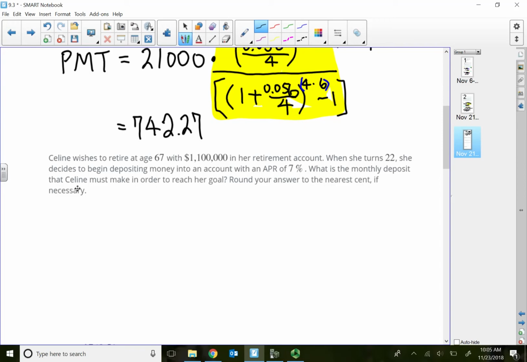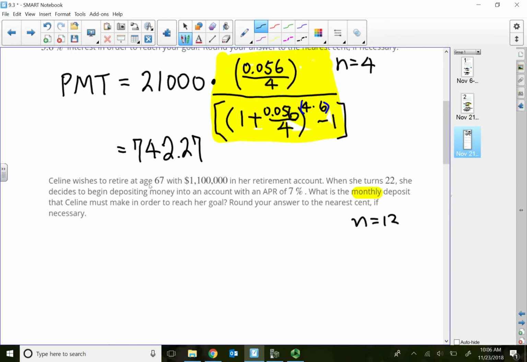All right, so this is a monthly deposit, okay? So what that means is my N is going to be 12. She's going to make monthly deposits. So what is the monthly deposit that Celine must make in order to reach her goal? She begins at age 22 and she wants to retire at 67.